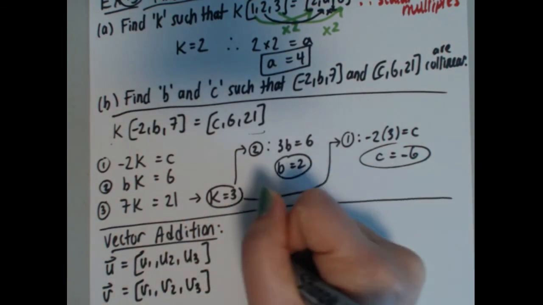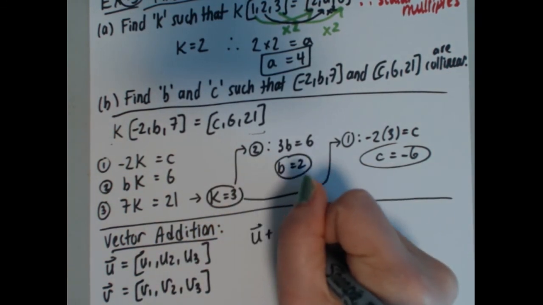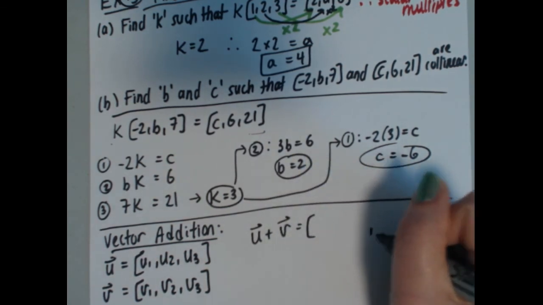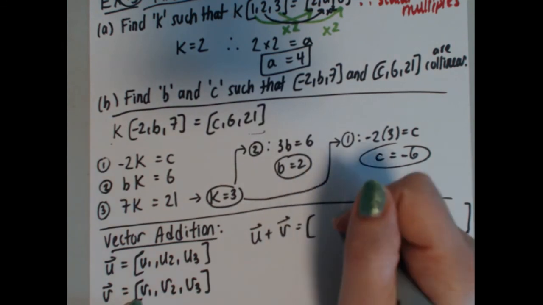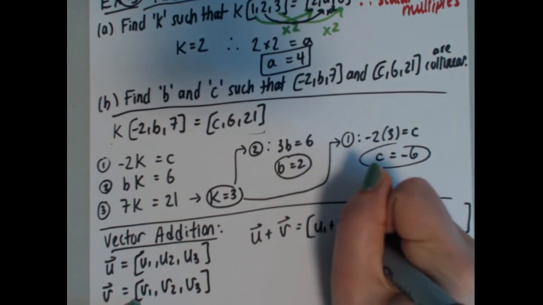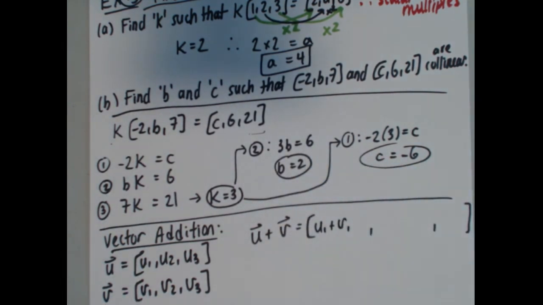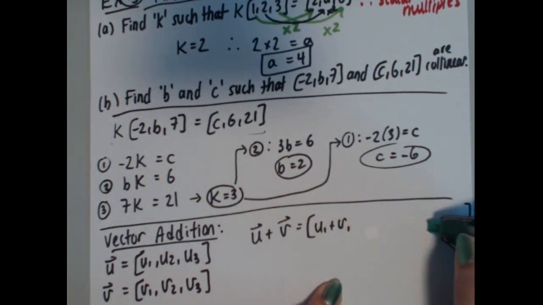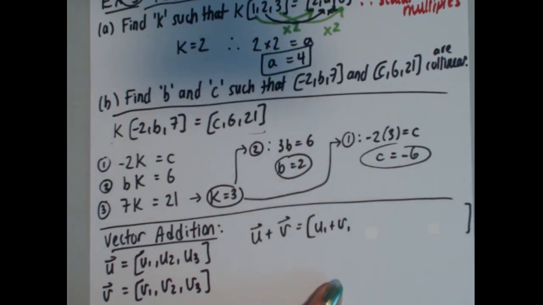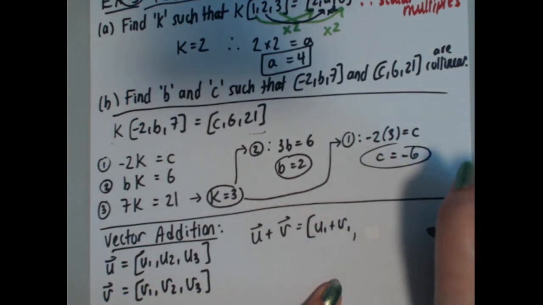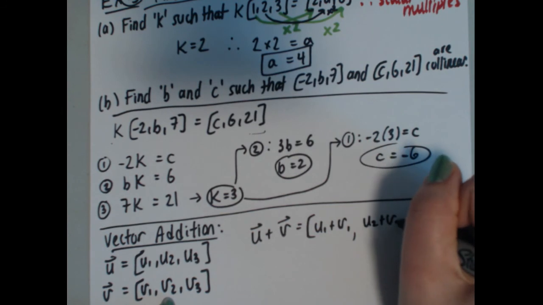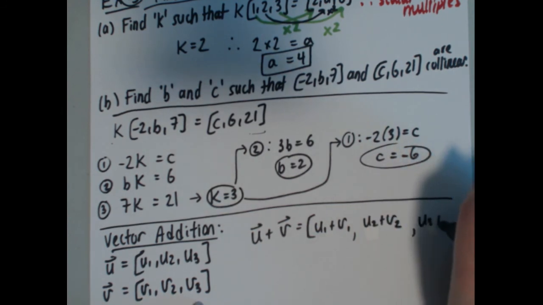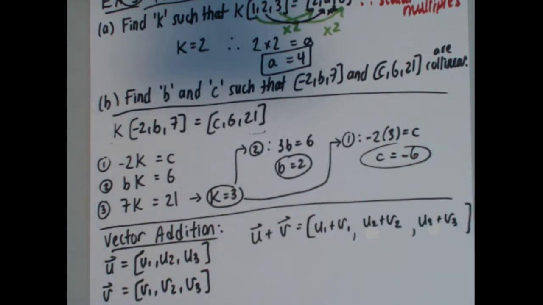If I add those vectors together, u plus v, that means I add my x values, so that's u1 plus v1, the y is going to be u2 plus v2, and the z is going to be u3 plus v3. So that didn't change.